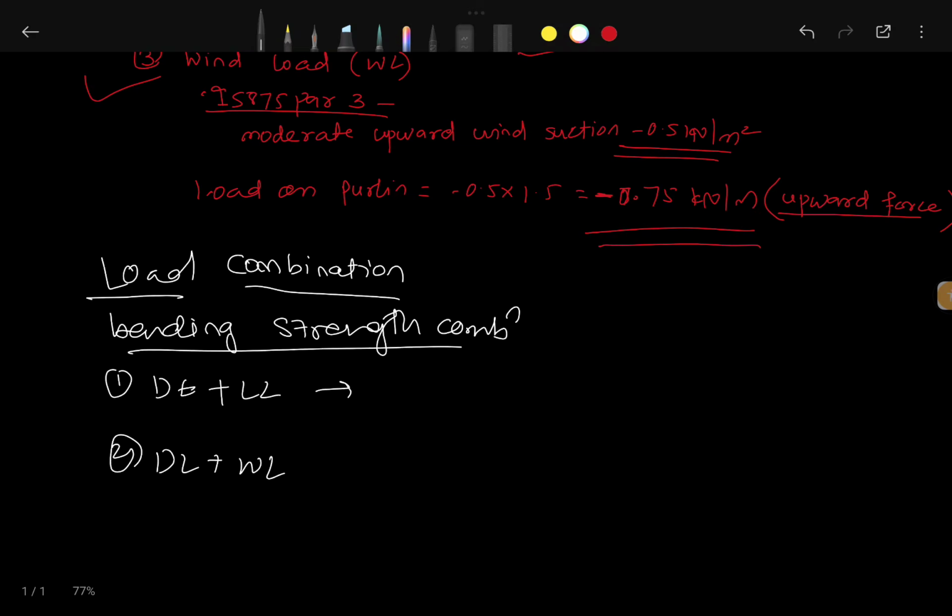For bending strength combination, we generally use 1.5 dead load plus 1.5 live load. And here we actually use the critical load combination, dead load plus wind load, that is 0.9 dead load plus 1.5 wind load.